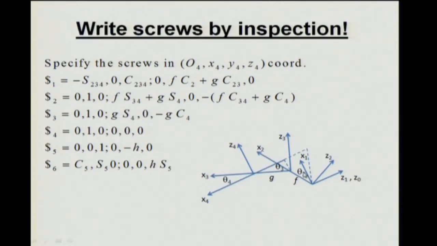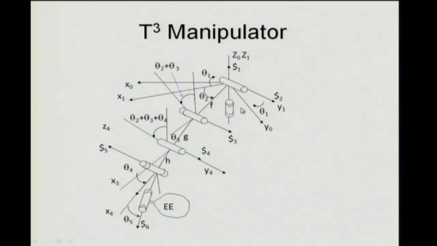Not clear? You are not looking at the figure. We are asking that this is the Z1 axis, and the first screw passes through this. So we are asking what is the direction cosine of a vector going along this in this coordinate system x4, y4, z4.